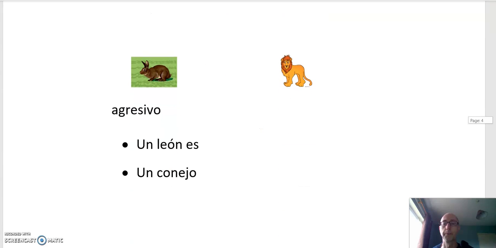Let's try it again. Agresivo. Un conejo y un león. Un león es más agresivo que un conejo. So it's más agresivo que is the first way we learned to talk about comparing things. But let's turn it around.